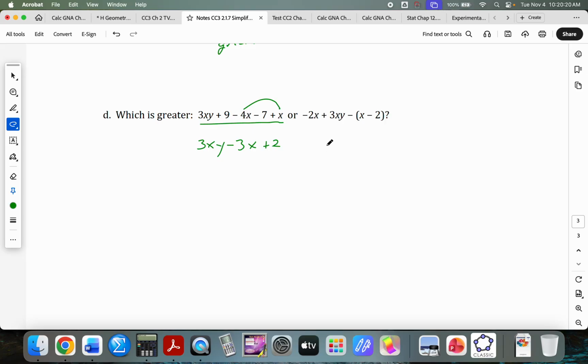And on this side, there's no simplification we can do at first, but we'll go ahead and flip the stuff from the negative region into the positive region. And then group the like terms. So we've got 3xy minus 3x plus 2.